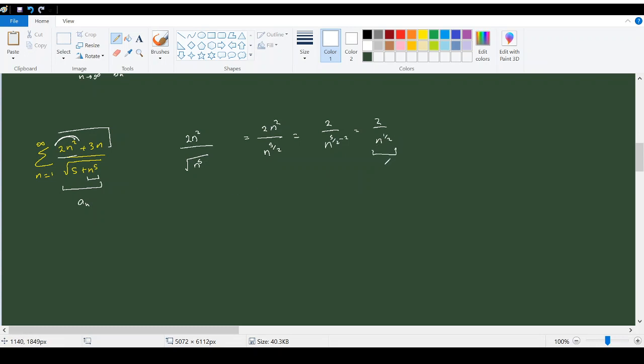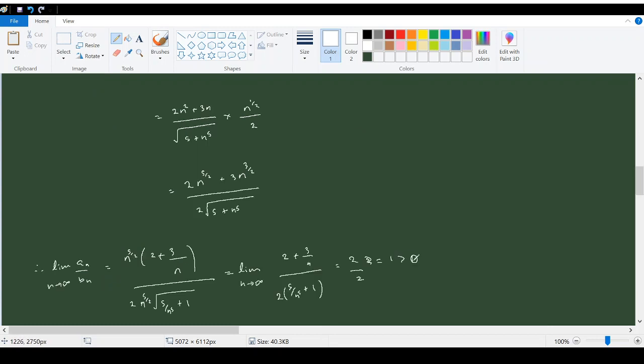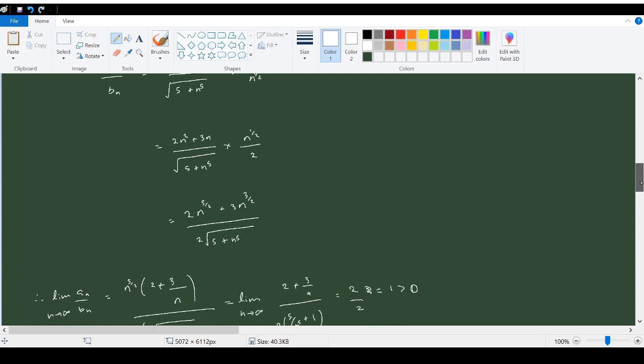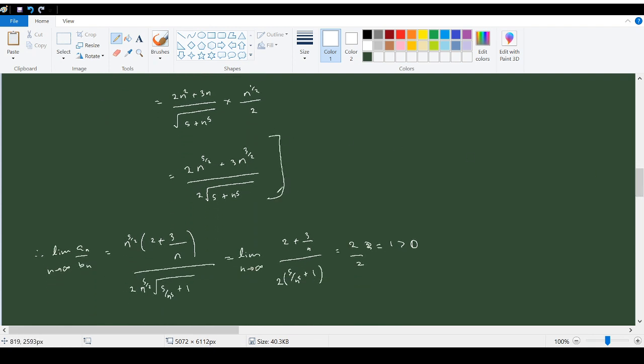And now let's consider this one as our bn. Then let's see what will happen if we consider the ratio of these two terms. If you consider the ratio, it will be something like this. An divided by bn means this one, this is an and this is bn, so you get the reciprocal of the dividing term and you end up with this one. Then when you consider the limit, since this is the case where n goes to infinity, we just take the highest power from both numerator and the denominator.